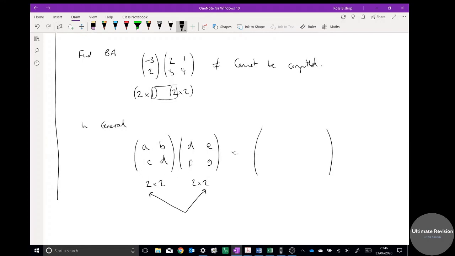The top left element will be AE plus BG, that row times this column. The top right will be the top row times the right-hand column, so that's going to be AF plus BH.